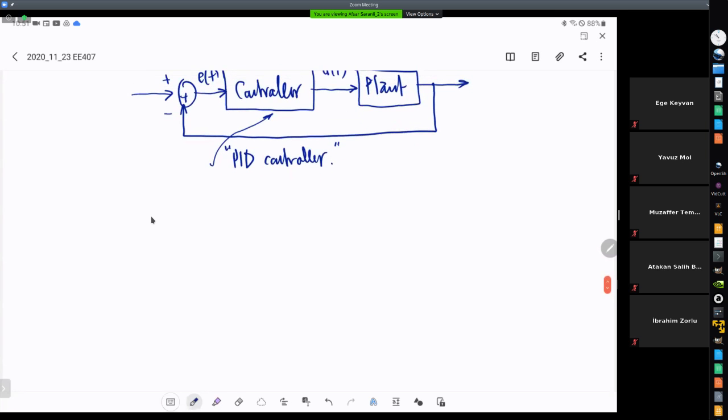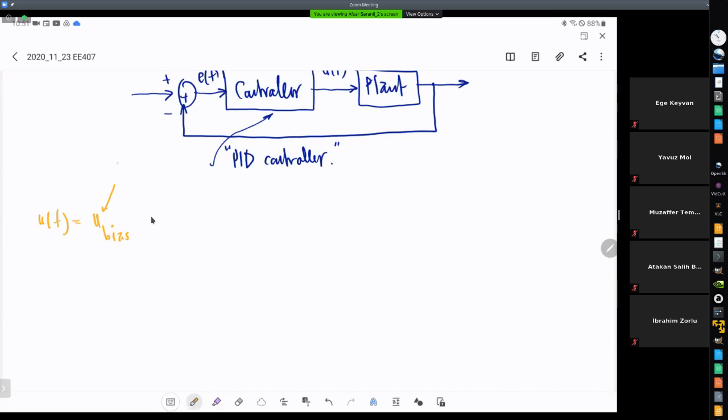Okay. Now what is the PID controller? The PID controller, I will write it down in the time domain. Let's maybe pick up a different color. Okay. So we are calculating the output of the controller as a function of the error signal. Now this starts with a bias term.